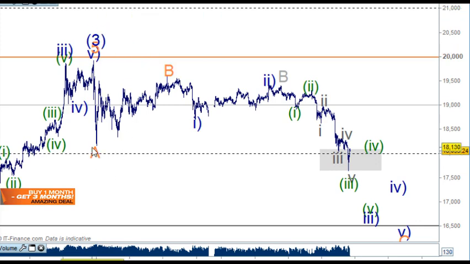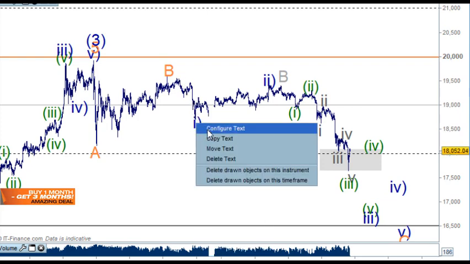So we've had wave A here and wave B here, and then I was looking down at wave 1 here and wave 2 here. But first of all, this doesn't count very nicely down here as wave 1, right? That's the first thing.